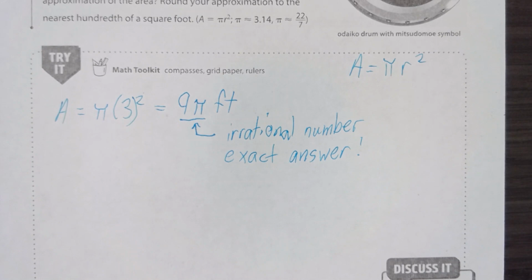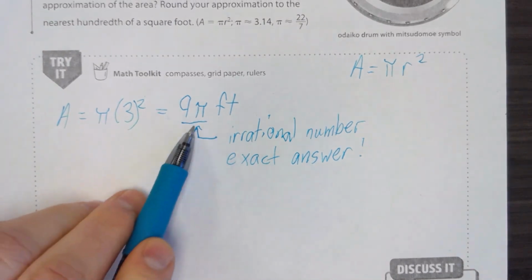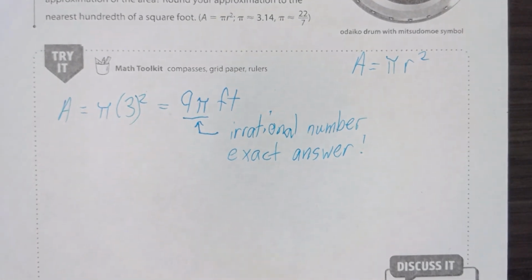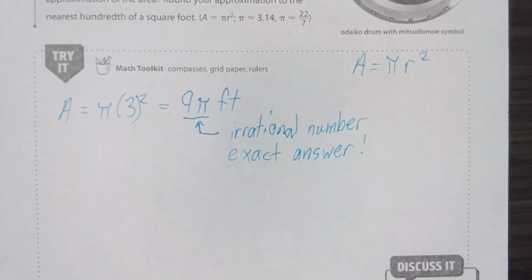And the sooner you round your number off, the sooner you change it to a non-exact number, the farther and farther your final answer is going to get away from the actual answer. So I almost always, when I'm doing math, use the exact answer only, unless there is a pertinent reason why I have to use something different.